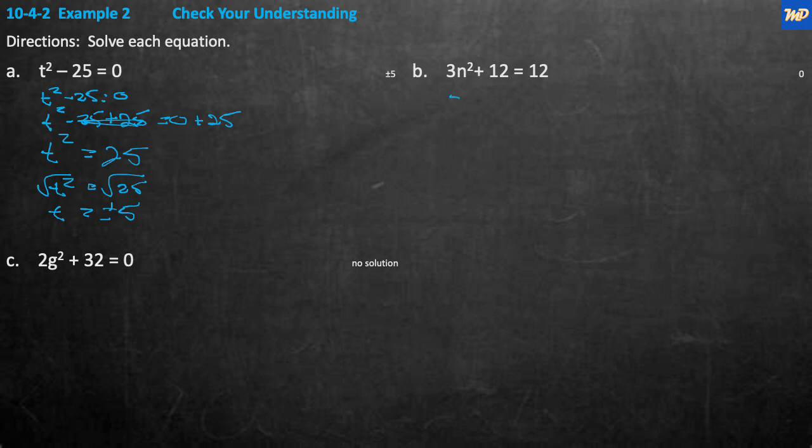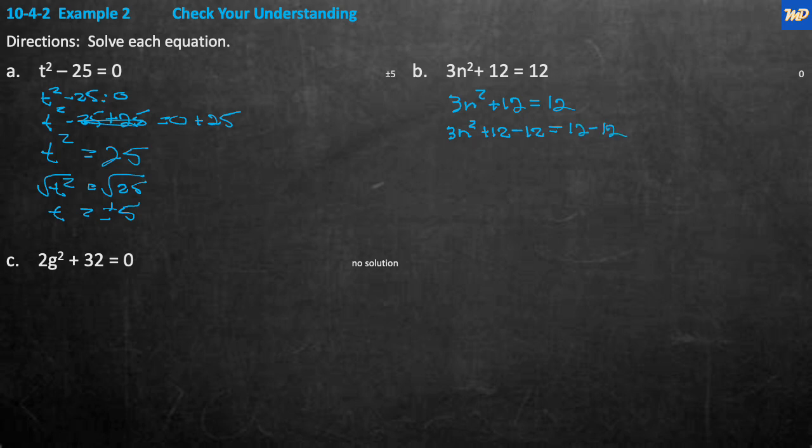Okay, let's do B. I'm going to write it down: 3n squared plus 12 equals 12. Let's go ahead and solve this. We're going to solve for n in this case. We're going to move the positive 12 to the other side. So we get 3n squared plus 12 minus 12 is equal to 12 minus 12.